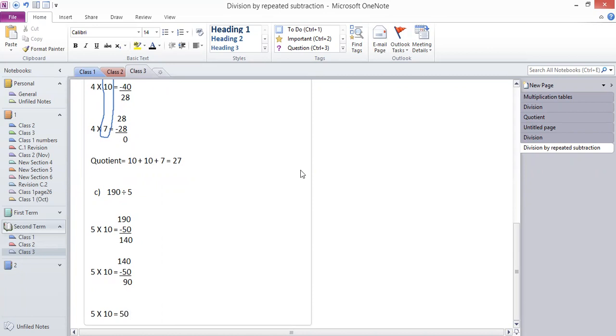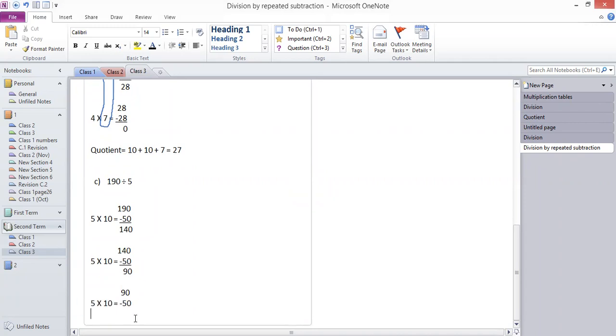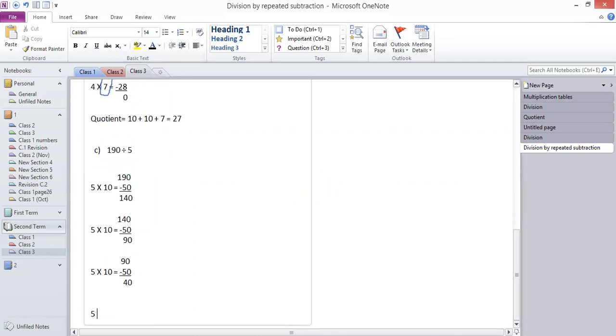Now you will subtract 50 from 90. 0 minus 0, 0. And 9 subtract 5, 4. So it is 40. Now check the table of 5. Is there 40 in the table of 5?